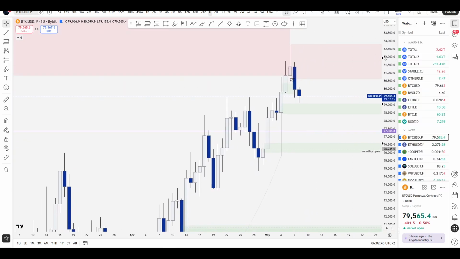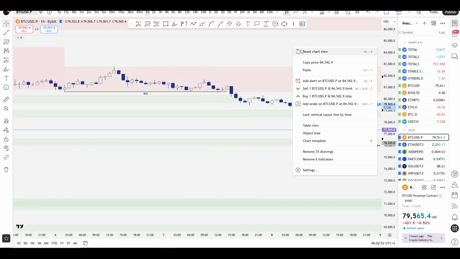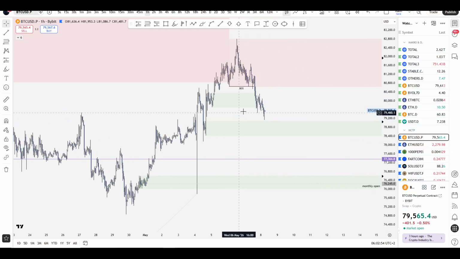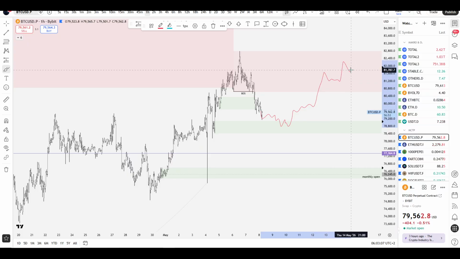So if we think about the price action that I'm looking for on USDT, this would mean that we maybe go down, accumulate a bit, go up, and build some sort of a distribution here.